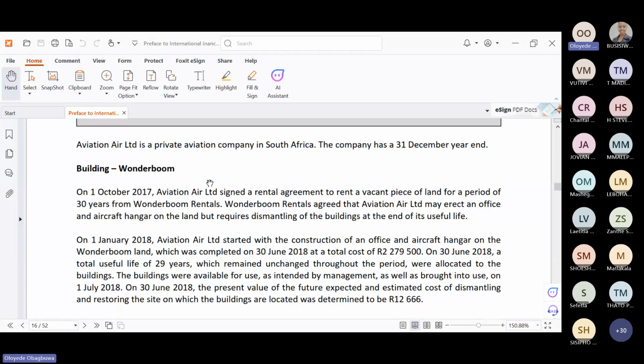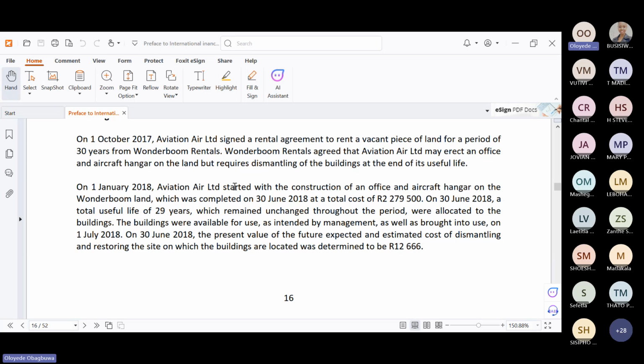Wonder Boom Renters agreed that Aviation Air Limited may erect an office and aircraft hangar on the land, but require dismantling of the building at the end of its useful life. Okay? He said, you can build a structure on the land, but you have to dismantle it after the expiration of that lease.